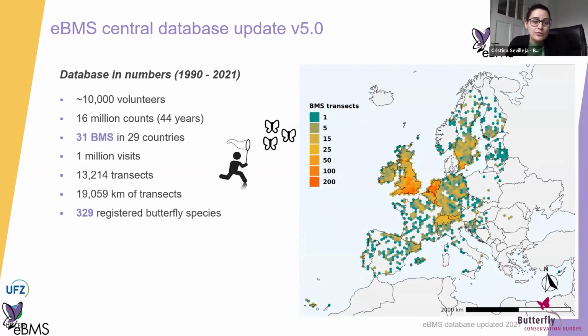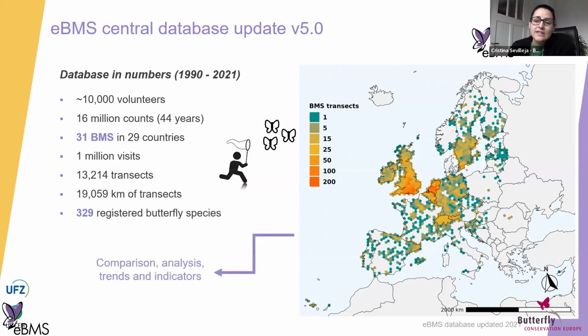And as I put here some numbers, we have around 10,000 people with 60 million counts, in the 70s, many different BMS in 29 countries, 1 million visits, and huge numbers. So really proud of this. More countries will join later, of course, for all the recordings they are doing on the website.